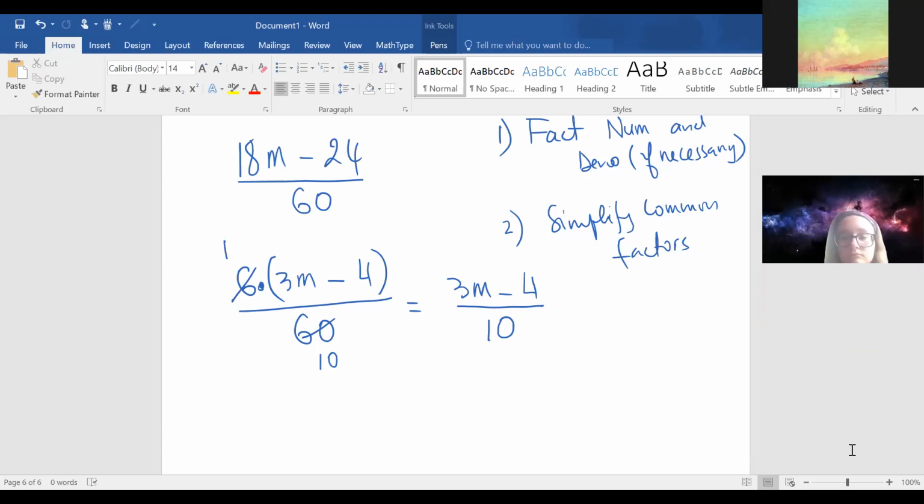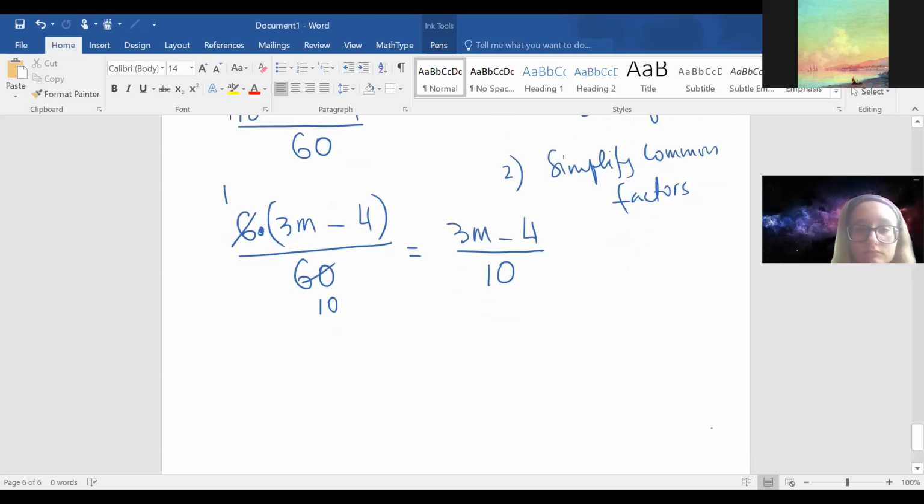That was my point. We rather stop right here, because even if 4 and 10 have common factors, look at 3 and 10, they don't have any common factors. So we stop right here.